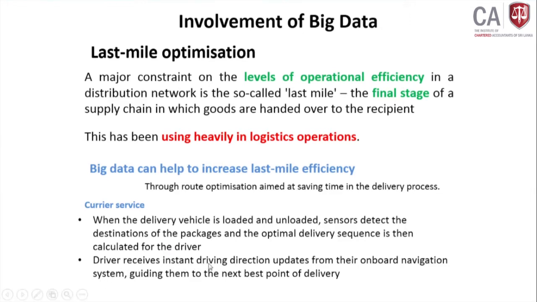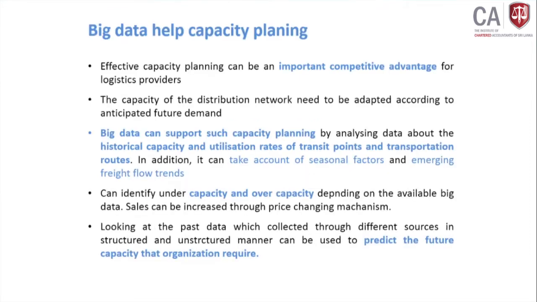Drivers receive instant driving direction updates from their onboard navigation system, guiding them to the next best point of delivery. The courier service's drivers will understand what is the best route to deliver by using those navigation systems. So big data is heavily used in these logistic platforms.